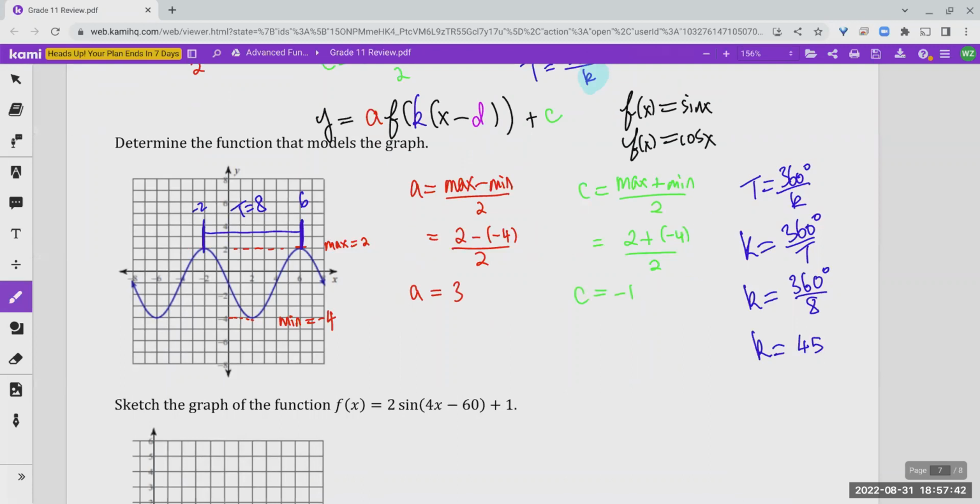What is the phase shift? The phase shift is how much the graph has shifted to the left or to the right. In order to know how much the graph has shifted, you need to know where the beginning of the graph is. Well, it depends on whether this is a sine graph or a cos graph.